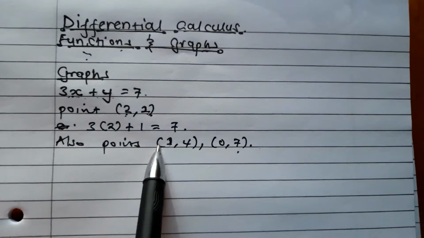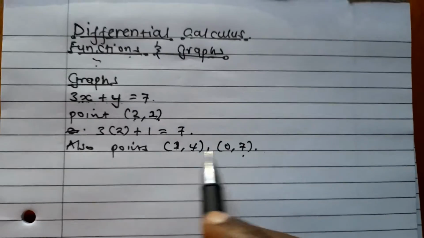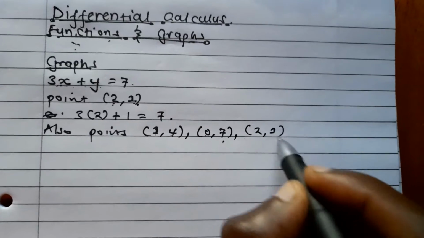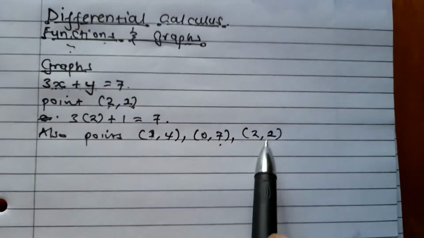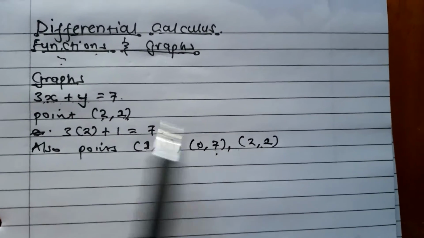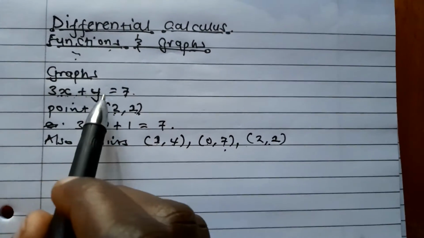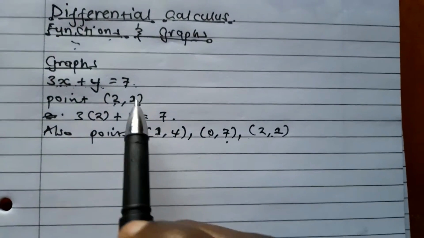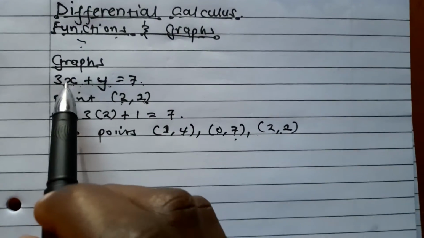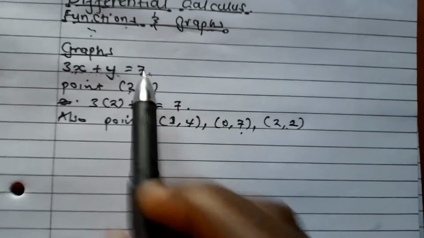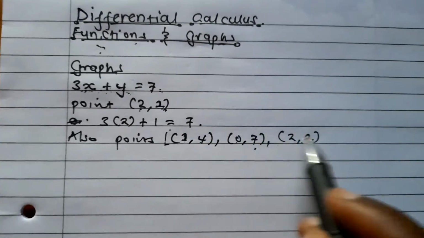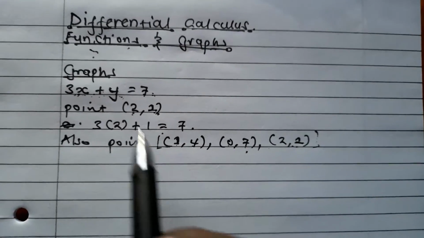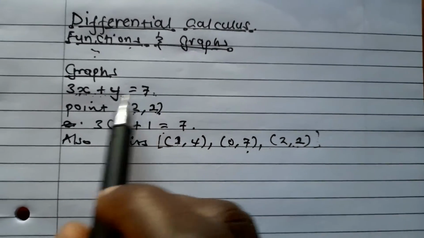This set of solution points, that is (1, 4), (0, 7), and also the point (2, 1), defines the graph of this equation 3x plus y is equal to 7, such that whenever we want to draw the graph of the equation, we'll be using this set of solution points to come up with the graph of this given equation.